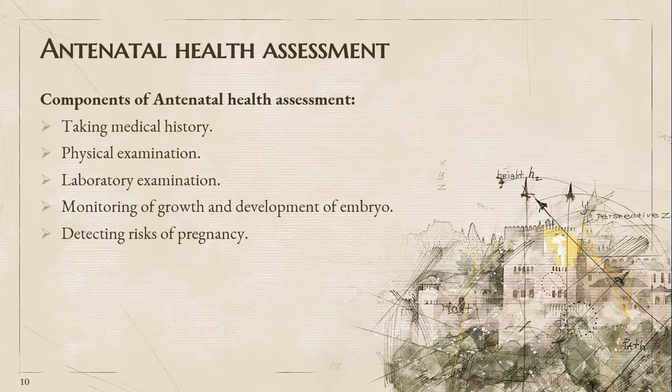Or multipara pregnant woman, or malpresentation or anemia, more than one baby in the womb, pre-eclampsia or eclampsia, antepartum hemorrhage, longer period of gestation, that is 2 weeks or more than the due date of delivery, hydramnios, height of the pregnant woman less than 140 centimeters. All these things we should ask in high risk pregnancies.